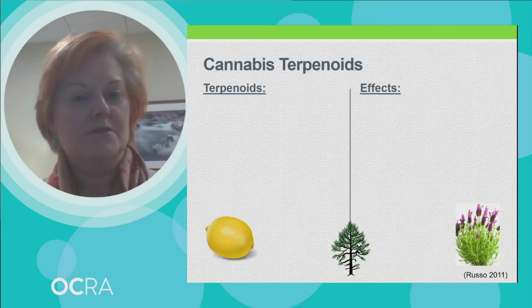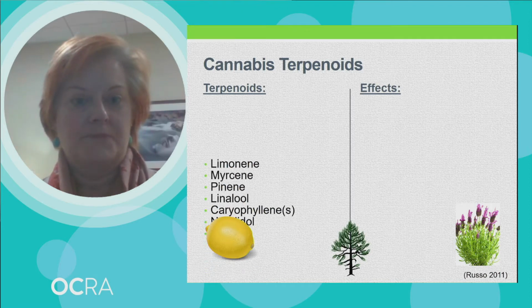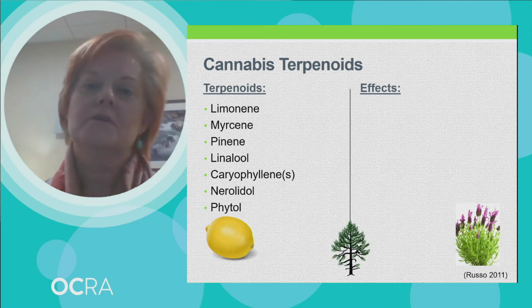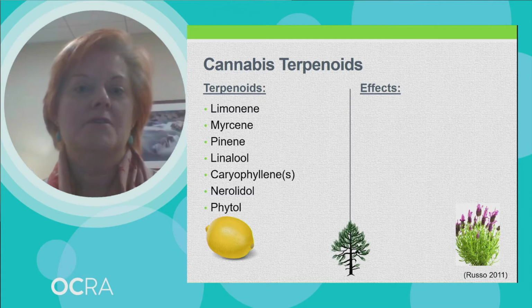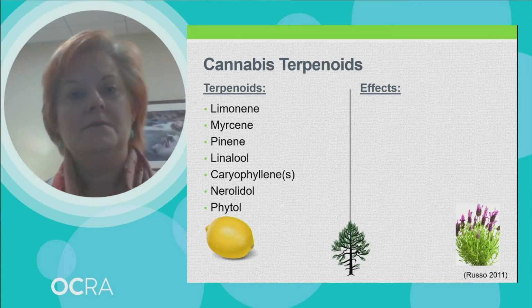So the next thing that's unique about cannabis are its terpenoids. And so the terpenoids are chemicals found in the cannabis plant that are responsible for its characteristic or unique smells, and some would say tastes. And some of these terpenoids include limonene, myrcene, pinene, linalool, the caryophyllenes, there's two different ones, nerolidol, and phytol.